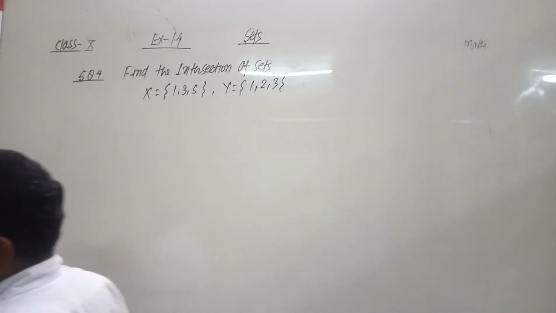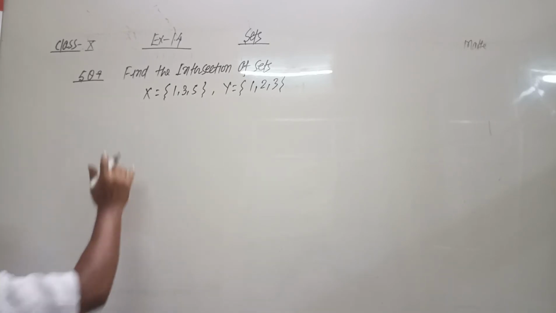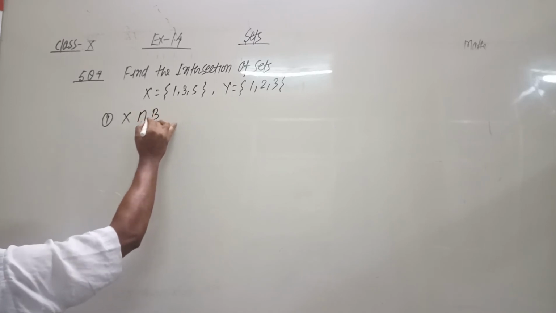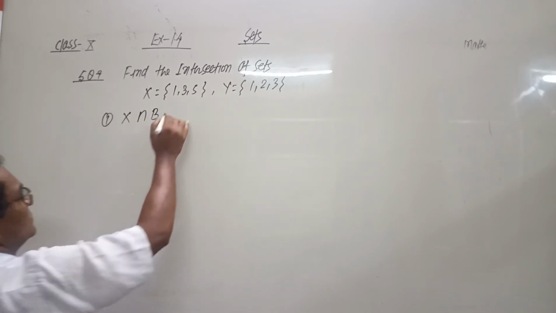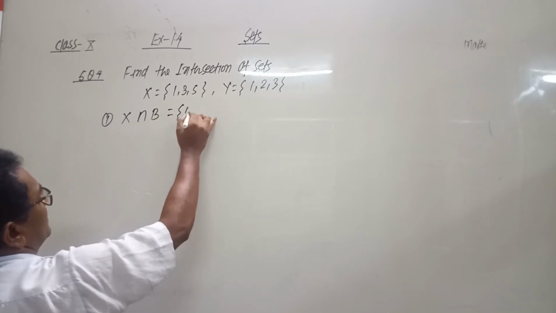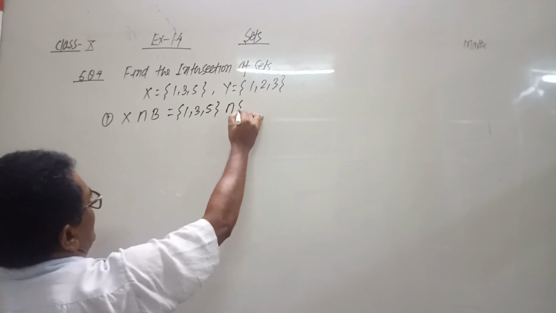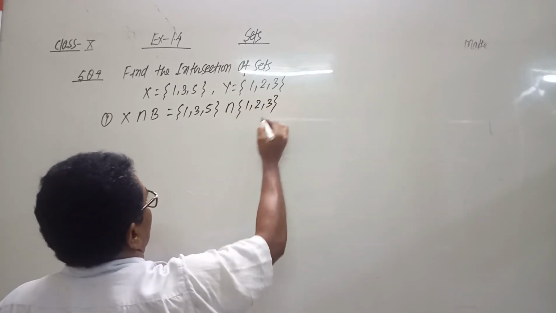Then first we have to find x intersection y. This is the sign of intersection. So write down the elements of set x, 1, 3, 5. Then put the sign of intersection and then the elements of set y.